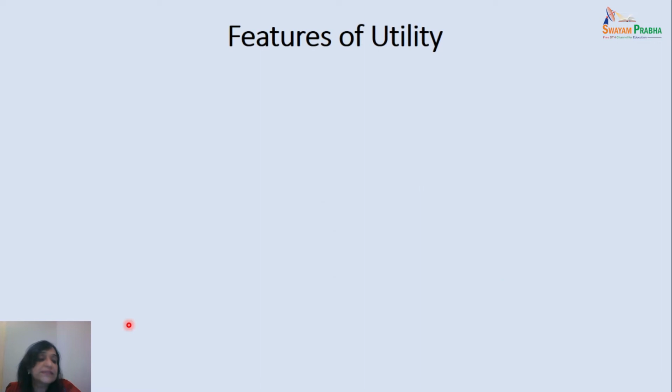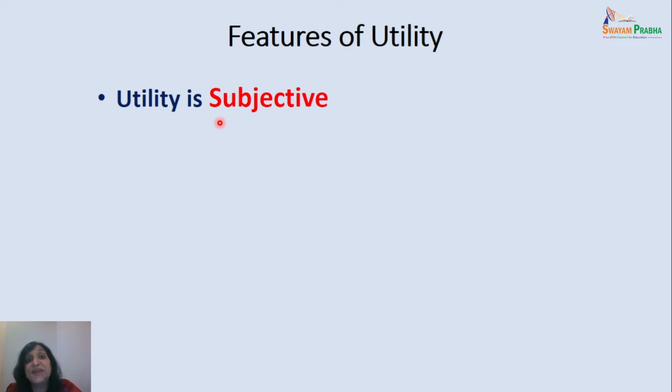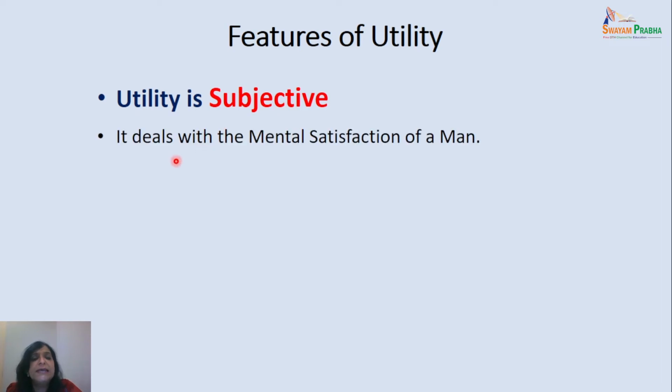Now let us discuss the features of utility one by one. As we just said, utility is subjective. Subjective means it deals with the mental satisfaction of a person. Maybe consuming a cold drink gives me greater satisfaction than it gives you, because our choices are different.